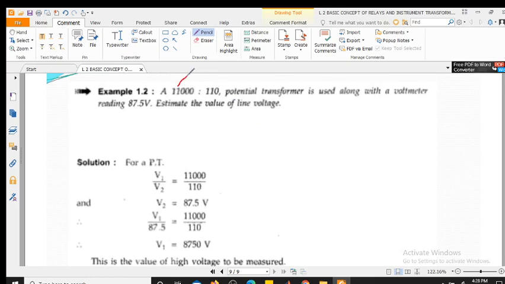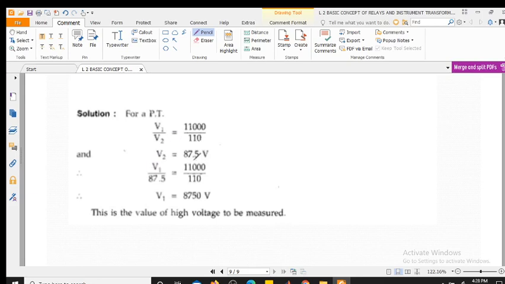So this will be the PT ratio, along with the voltmeter reading, that is 87.5. So this will be our V2. V1 by V2 is the PT ratio, and V2 is the secondary side reading of the voltmeter, that is 87.5 volts. Now we can estimate the line voltage by substituting this.